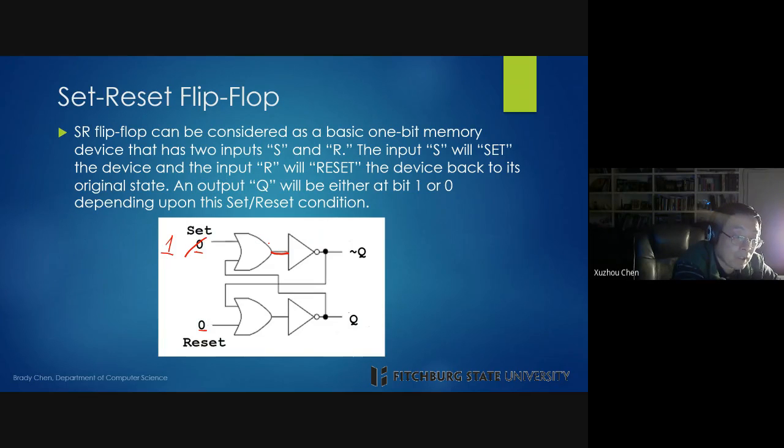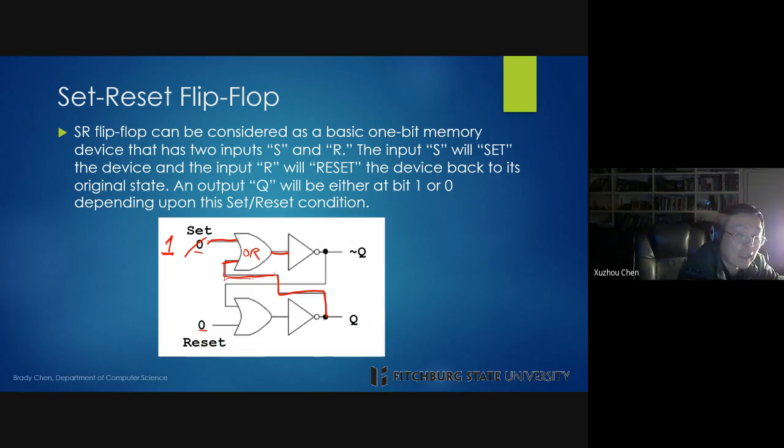What is the output here? The output is going to be determined by these two inputs, right? And what is this input? This input is coming from the output of the second one. But if I set this value to 1, it really doesn't matter what the value of the other is, because this is an OR gate.